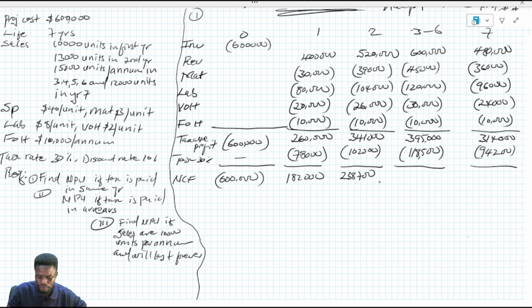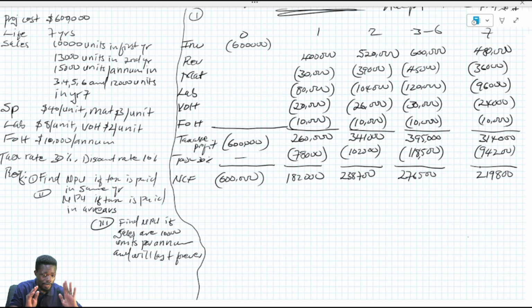And the other one will give you 276,500. Then lastly, you will get 219,800. This is your net cash flow.